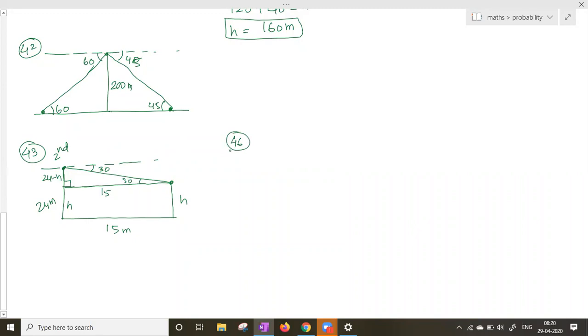From the top of a 50-meter high tower, the angles of depression of the top and bottom of a pole are observed to be 45 and 60 degree. Angle of depression of top also and bottom also. That means, which is taller?